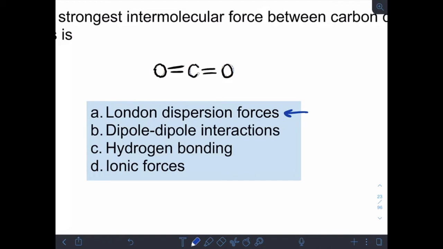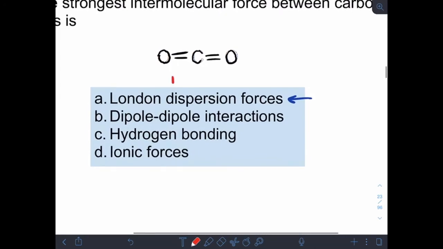Question 2 was to ask yourself, is this a polar molecule? With carbon dioxide, you would take a look at the shape of it. It's linear. So it's straight across, like a stick or a rod of steel.